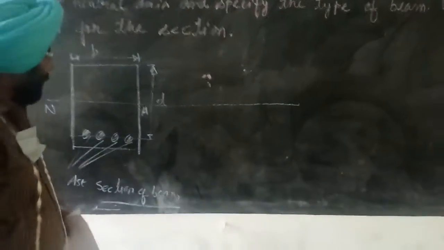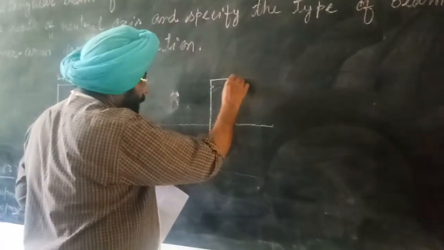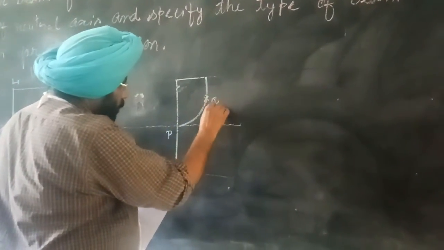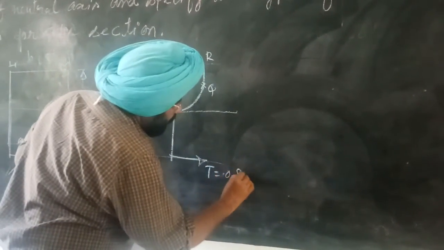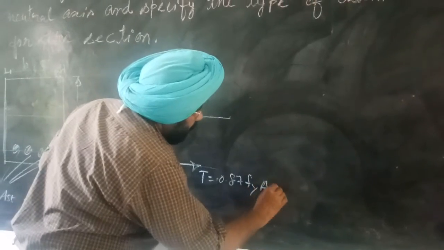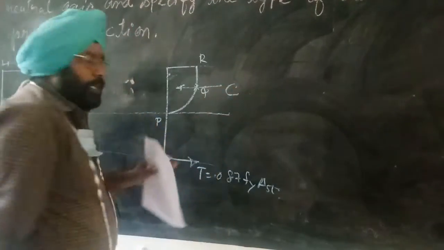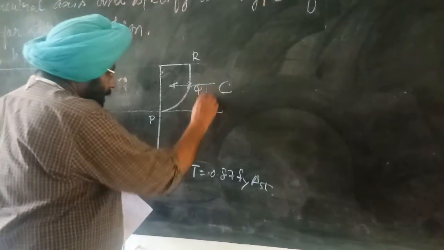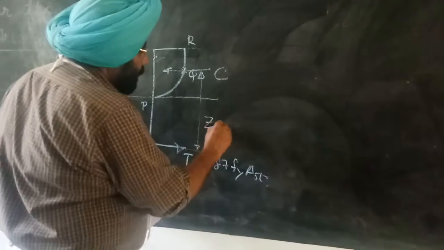And then we will draw the stress diagram for the beam section. So the stress diagram for the beam section is like this: P, Q, R, and T equal to 0.87 Fy Ast, and this is capital C. Capital C means resultant compressive force, T means resultant tensile force, and the distance between the resultant compressive force and tensile force is called Z, the lever arm.